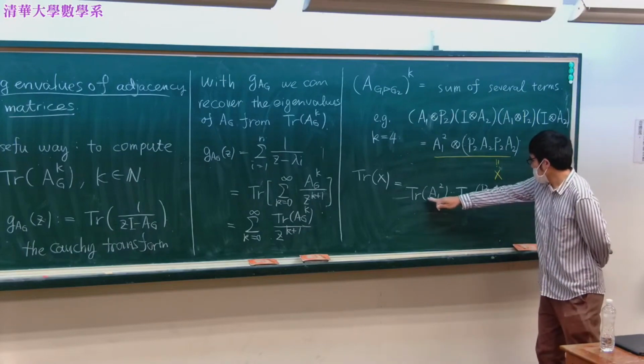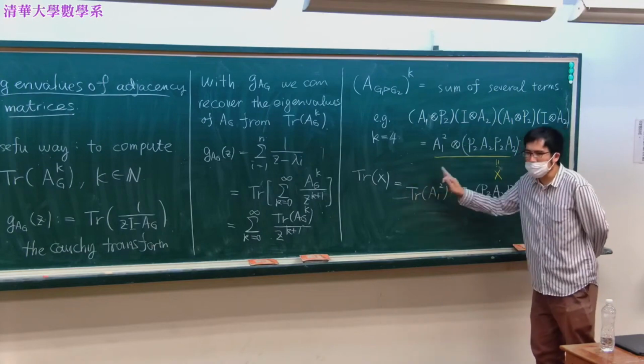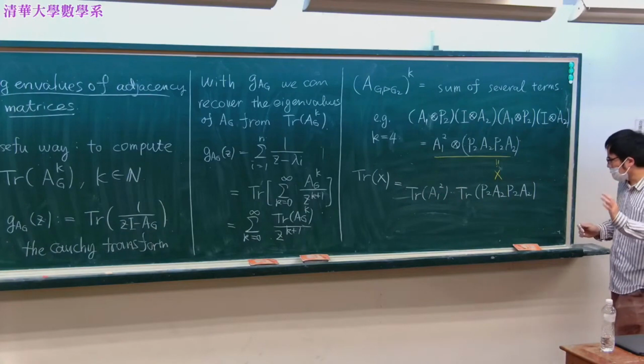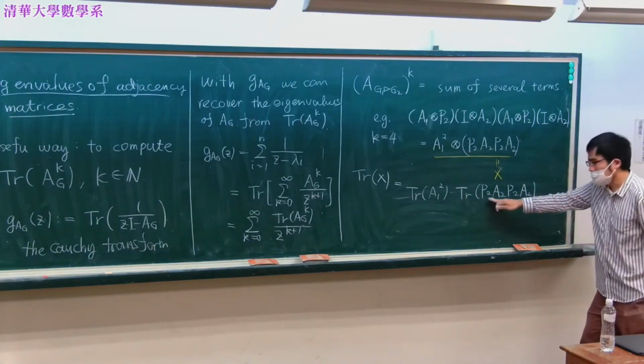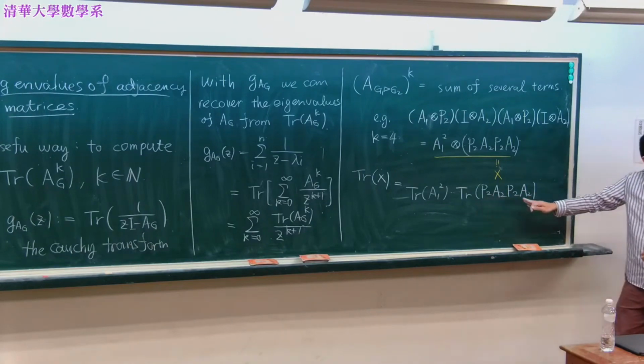Trace of A1 square is more or less known; suppose A1 and A2 are well known. But how about the second term, trace of P2A2, P2A2? There are two P2s in between.